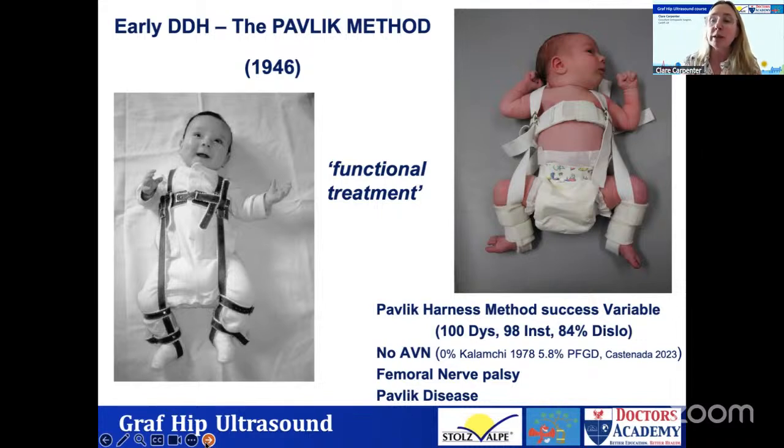in the acetabulum. So actually, when you've got a hip that is dislocated, you need to ensure that that Pavlik harness is in flexion. You must ensure that obviously those hips cannot dislocate and come into adduction, but you don't tighten up the posterior straps to keep that hip in abduction.